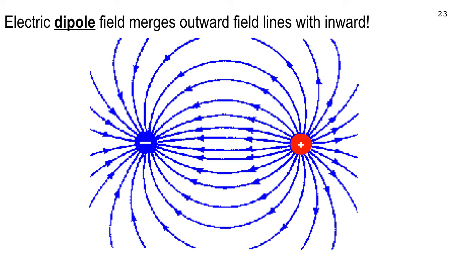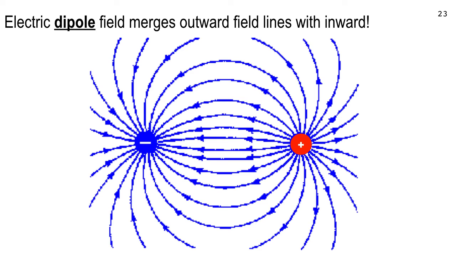Also notice that if you draw a symmetry line straight down the middle, vertically and right through the halfway point between the positive and negative, that's a symmetry line. And the field lines are perpendicular to that symmetry line right at that point only.